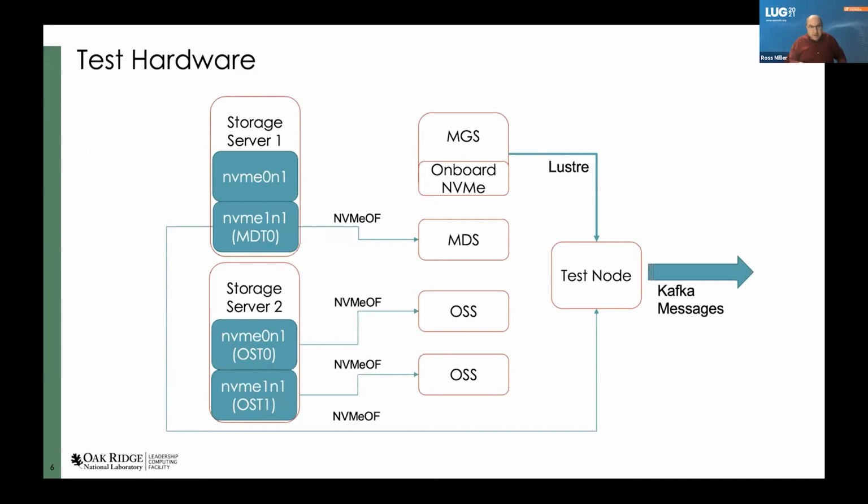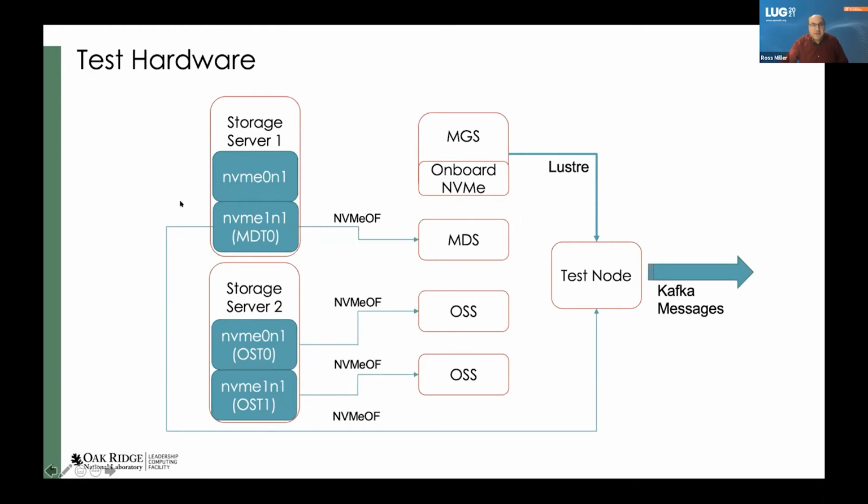So just a quick overview of the test system I have set up. If you look at this center column, this is just a very simple Lustre file system. We have two OSSs, one MDS, one MGS. The devices themselves were in separate servers.